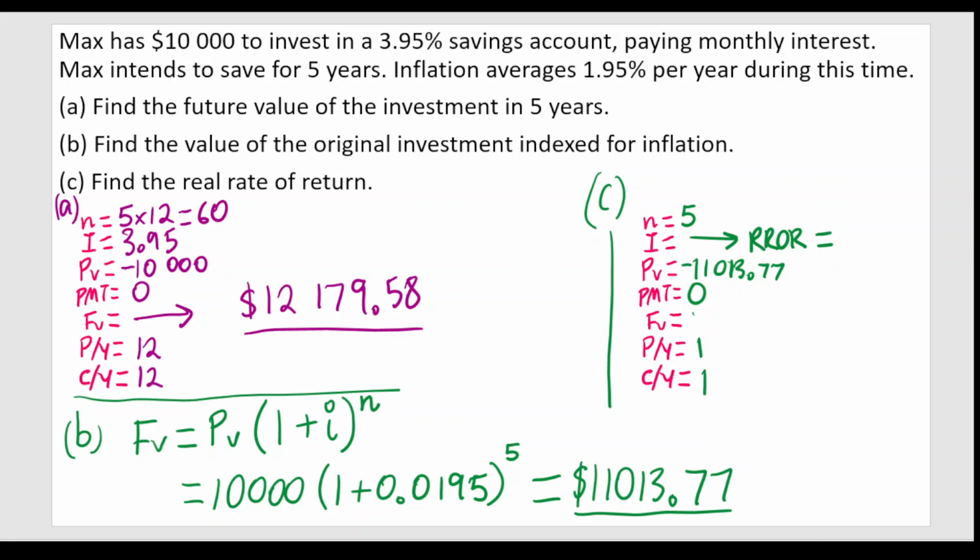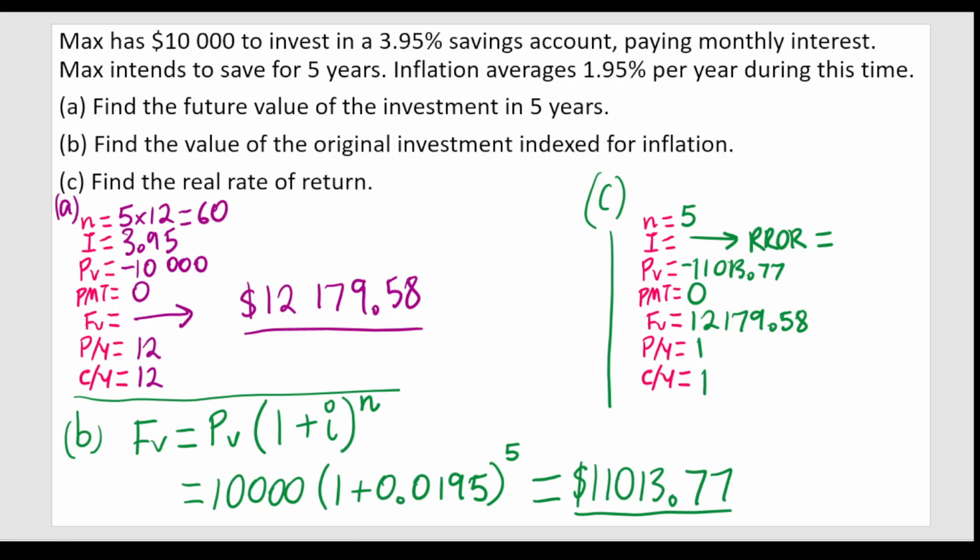The FV is going to be our original FV because we know that it's going to be a lower amount. So if we're starting off with this 11,000 and only going up to 12,000, we can see immediately that that's only an increase of about 1,000 compared to about 2,000 previously.